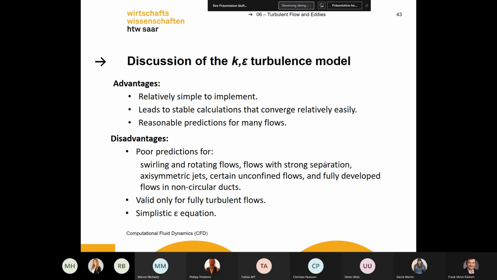Okay, and you see it's a pretty tough topic, and I just want to give you some advantages and disadvantages of this model. At first, why do we need this model? We need this K-epsilon model because we want to describe the swirls. We have to describe turbulence.